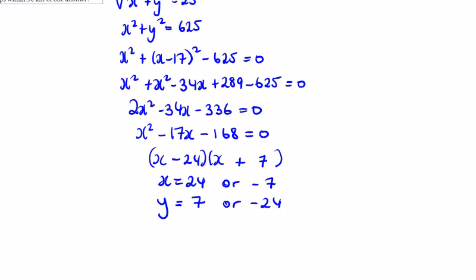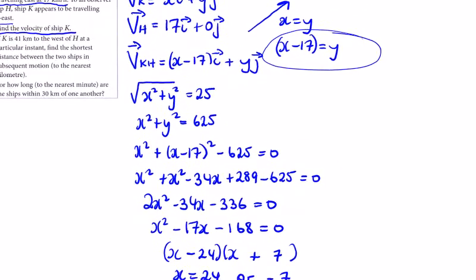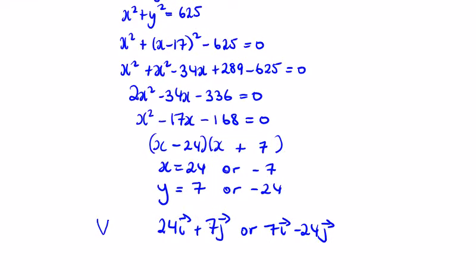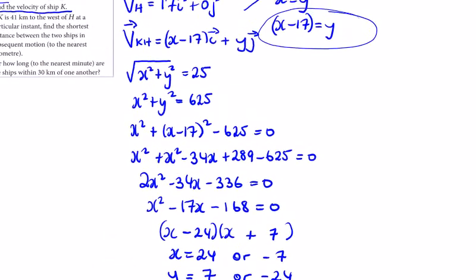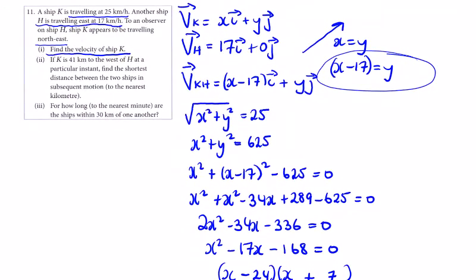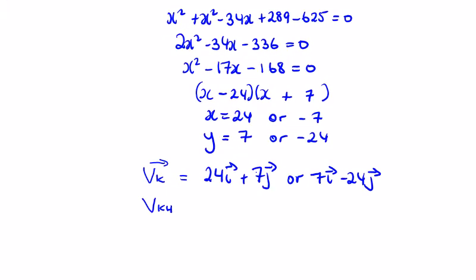So we have 24i plus 7j, or minus 7i minus 24j for the velocity of K. What's the velocity of K relative to H? It was northeast, wasn't it? Just double check, it was in a northeasterly direction, so it has to be positive.